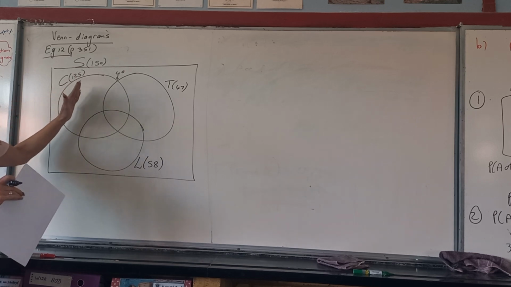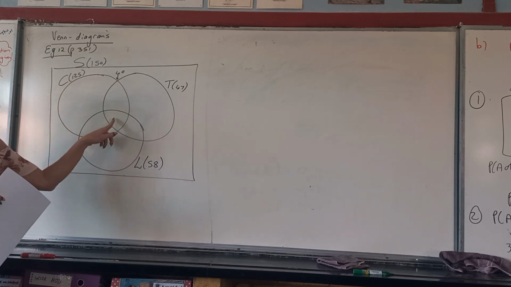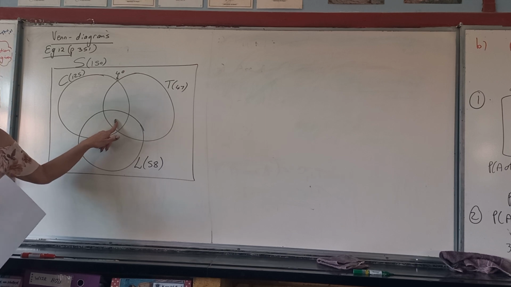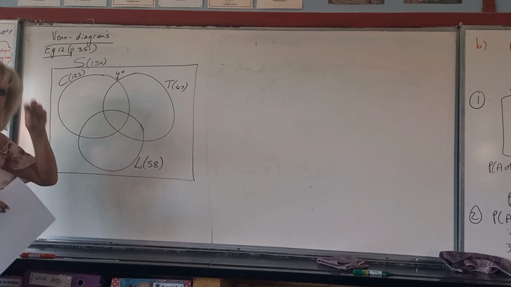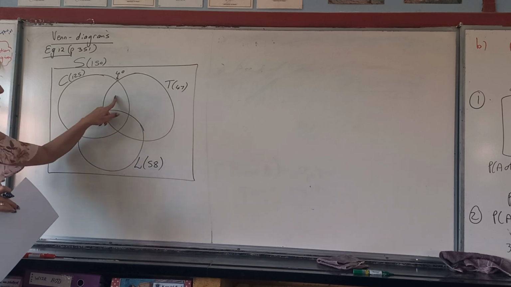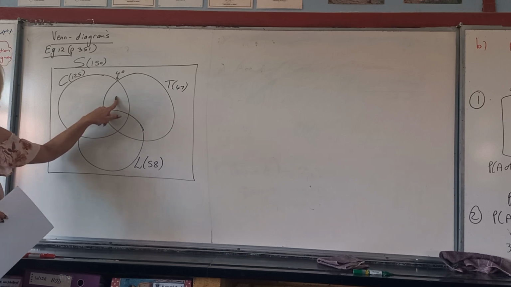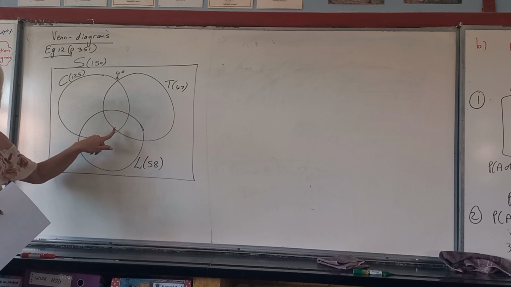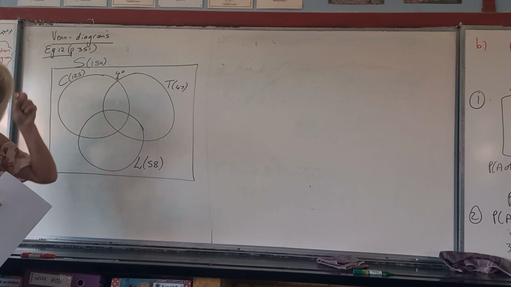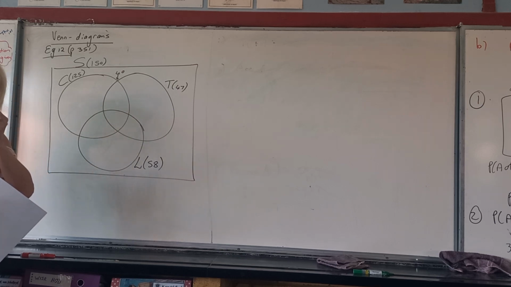If they say they own a cell phone and a tablet, does that mean that they don't own a laptop? Unless they said it specifically: they own cell phones and tablets but not a laptop. Then I'm going to put it here. And also a laptop, then I would have put it there. But you need to make sure that you listen to the English very particularly.